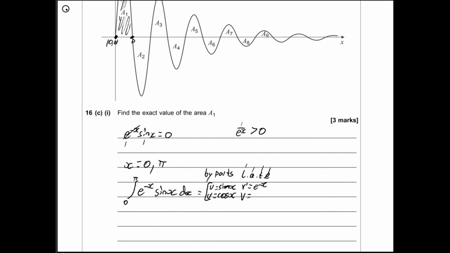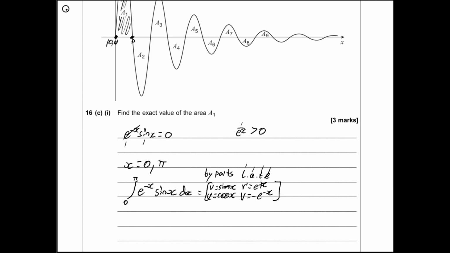When integrating e to the minus x, it's honestly just the same as differentiating e to the minus x, because there's a minus 1 in front of the x. So if you want to be dividing by the power, it's just putting a minus in front of it.